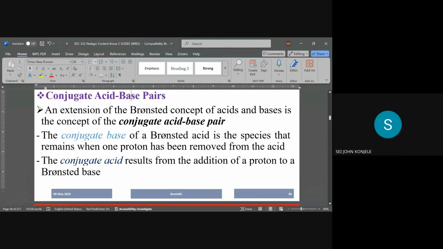Doc, I think when that substance is able to donate a proton. Listen to the question. When does he, or did he, consider a substance as an acid or a base?